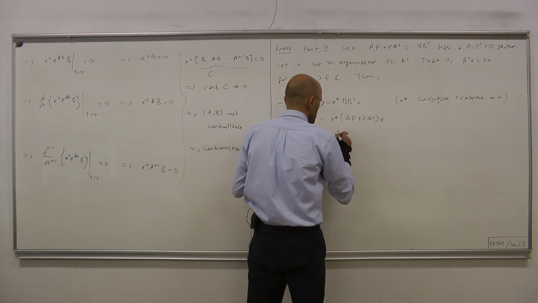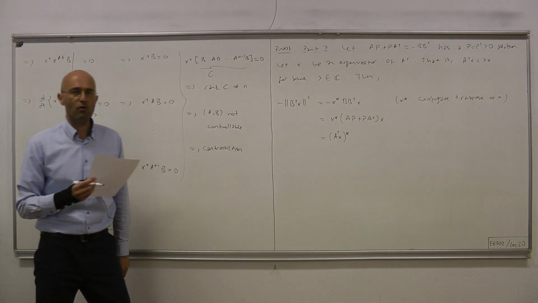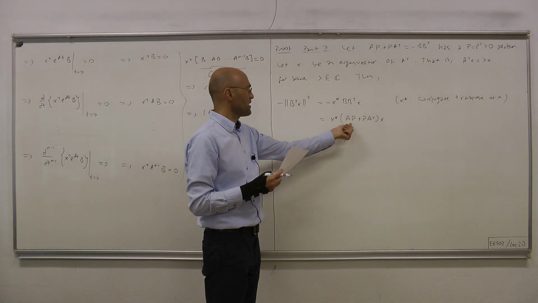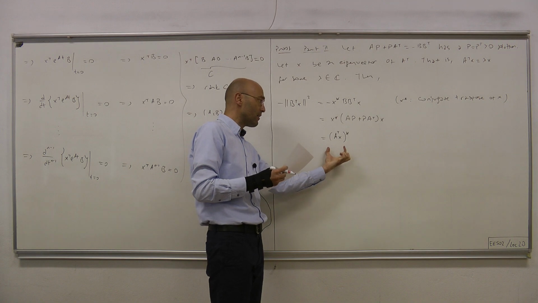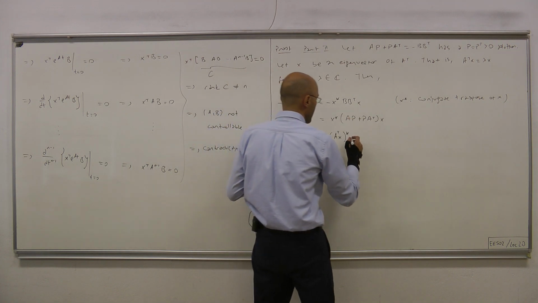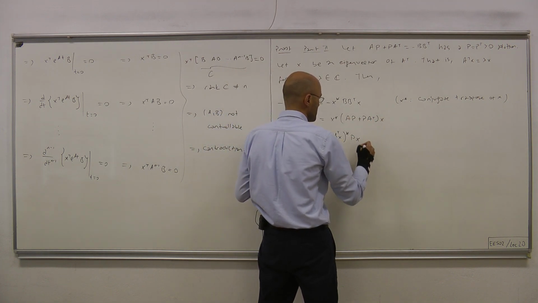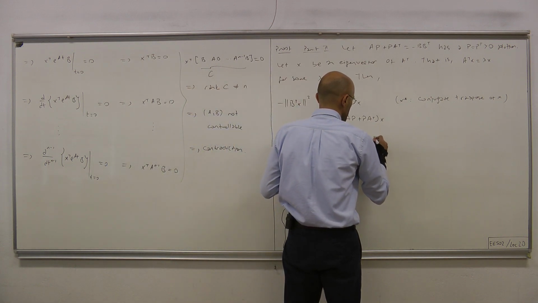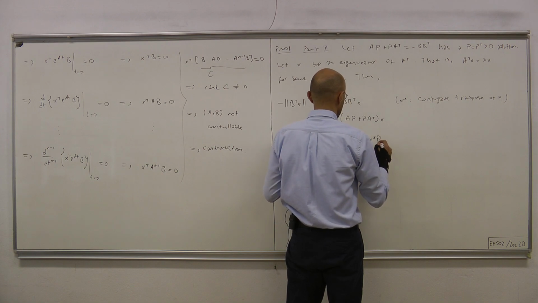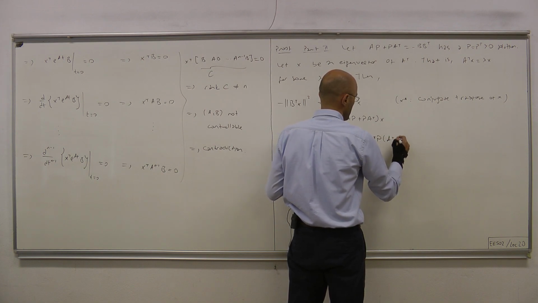Therefore, we can use this more familiar notation: (A^T X) conjugate transpose, then P, and then X coming from the other side. Plus X conjugate transpose P, and here we have A^T X.